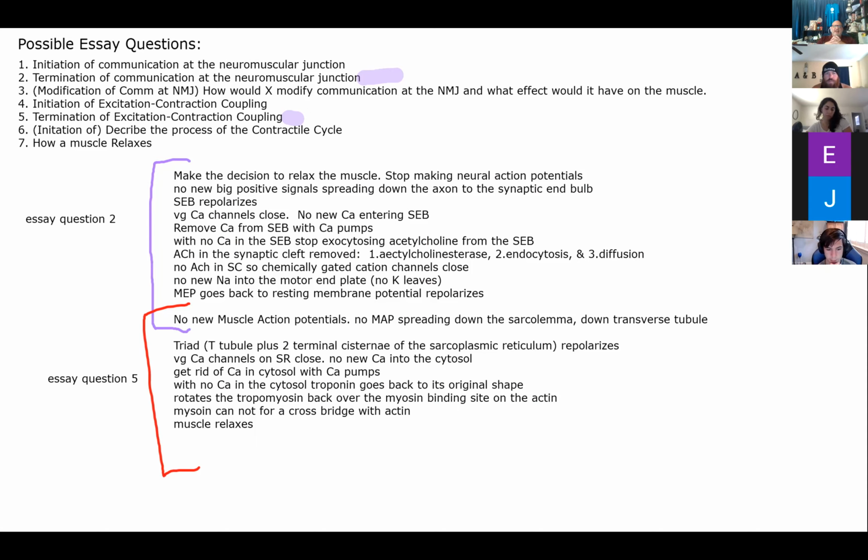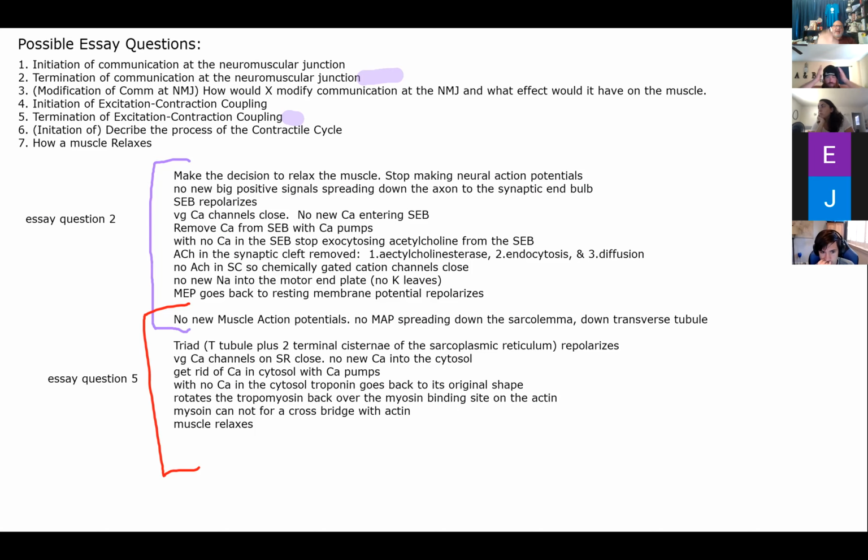I could answer the question, how does a muscle relax, by saying, I make the decision to relax the muscle, I stop releasing acetylcholine from my neuron, my muscle cell repolarizes, and the myosin and the actin don't interact anymore. And that essay question is 100% correct.